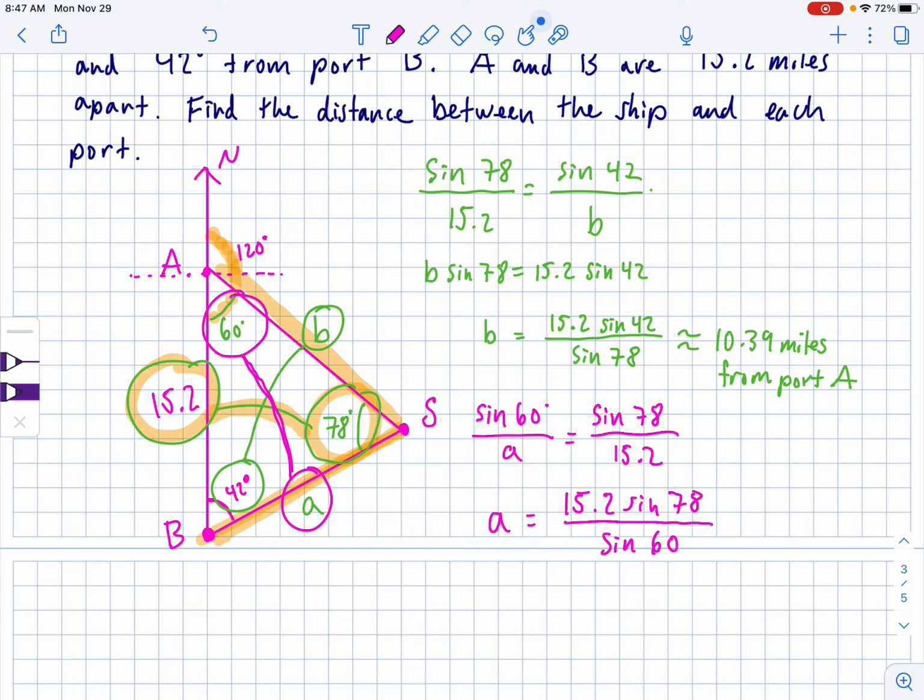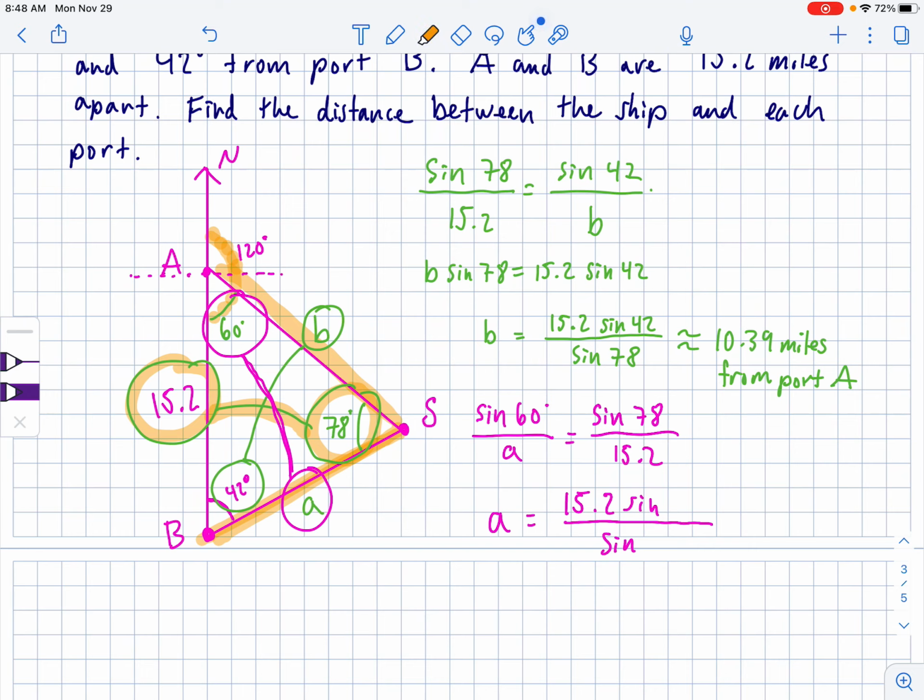Wait, did I do something wrong? Let's try one more time. Sine 60. Oh, I see what I did. I did a classic math mistake of trying to skip a step.